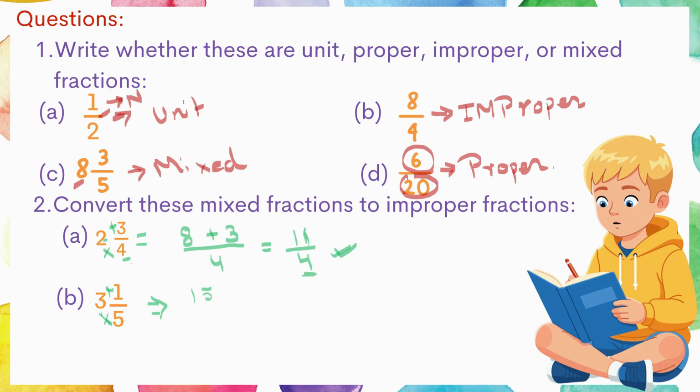Good job. 5 3s are 15 plus 1. Okay, and this is 5. 15 plus 1, 16. 16 by 5. This is an improper fraction. Good job, kids.